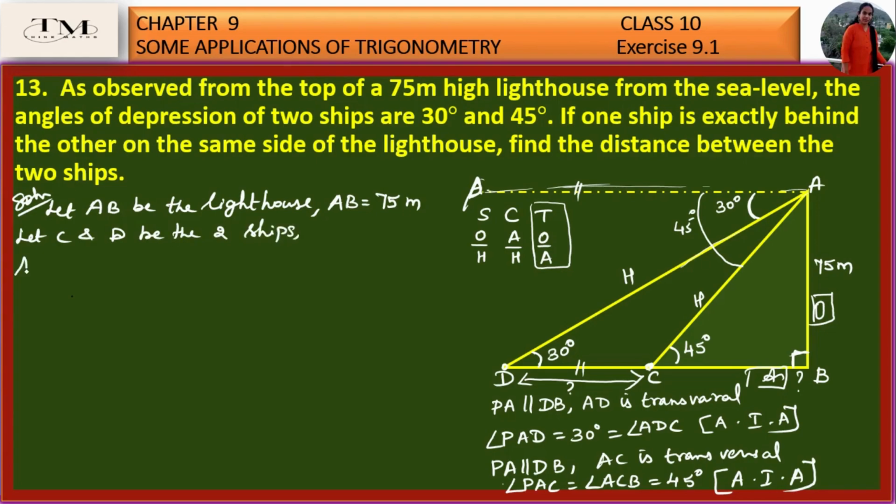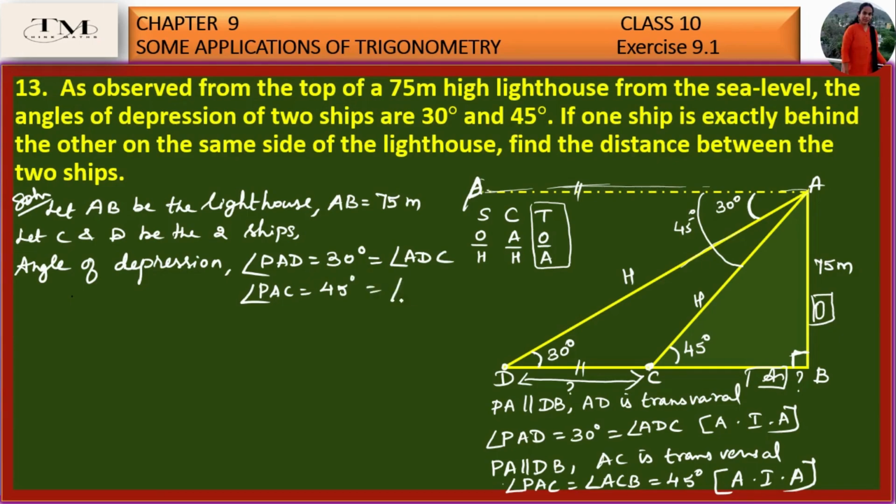Therefore, the angle of depression, which is angle PAD, is equal to 30 degrees, which is equal to angle ADC. In the same way, PAC is equal to 45 degrees, which is equal to angle ACB. These are the things we found.